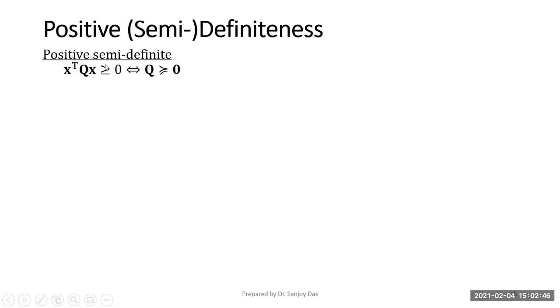That is equivalent to saying that Q is positive semi-definite. And positive definite matrix: if for every non-zero x, x transpose Qx is strictly greater than 0, then Q is positive definite. And this is how we denote that.